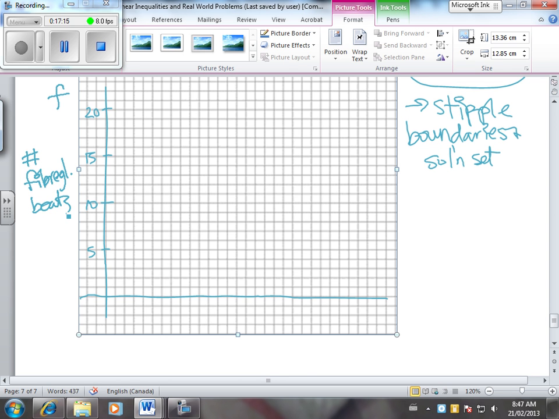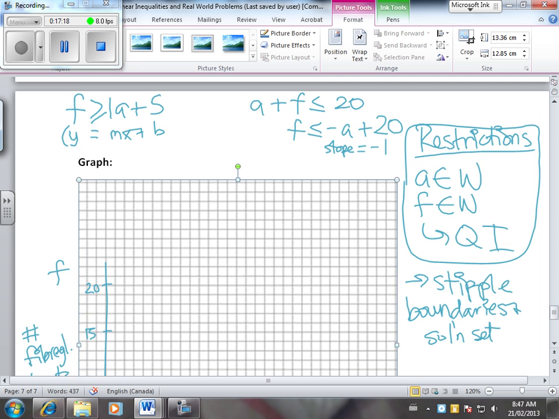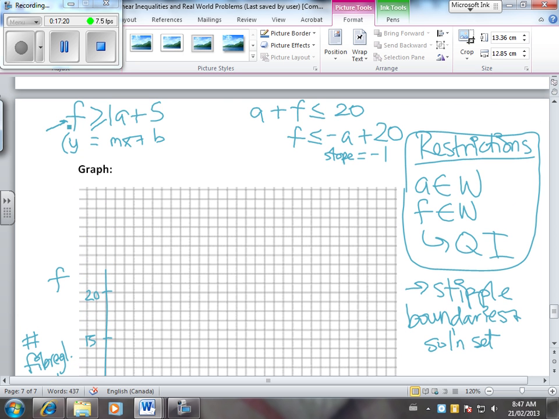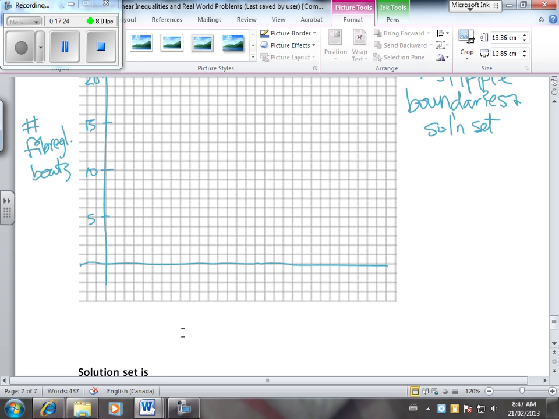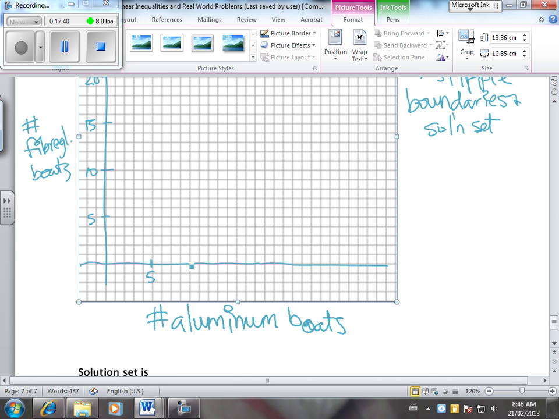Because this is our y-axis, and we determined that we set F as y. And then down here is our number of aluminum boats. I don't know why I can't spell boats today. So same thing, 1, 2, 3, 4, 5. And we'll go up to 20 again.